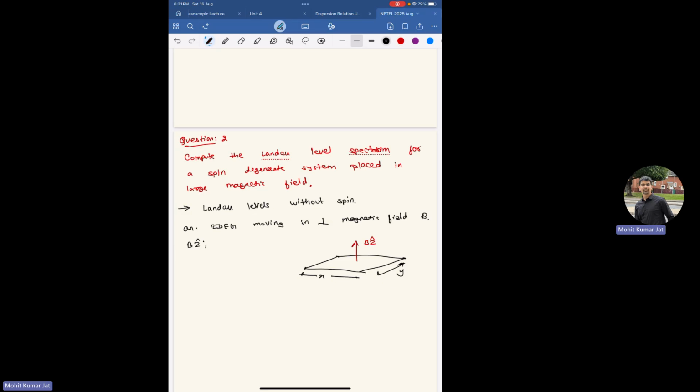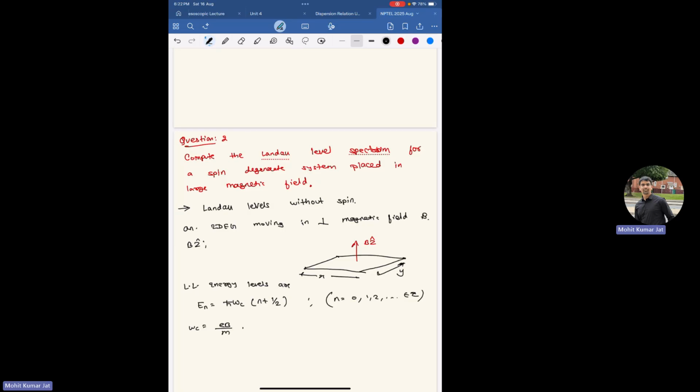This is something which we have derived, and we know that the Landau level energy levels are En equals h bar omega c times n plus half, where n is a quantum number, 0, 1, 2, an integer, and omega c is nothing but eB by m.